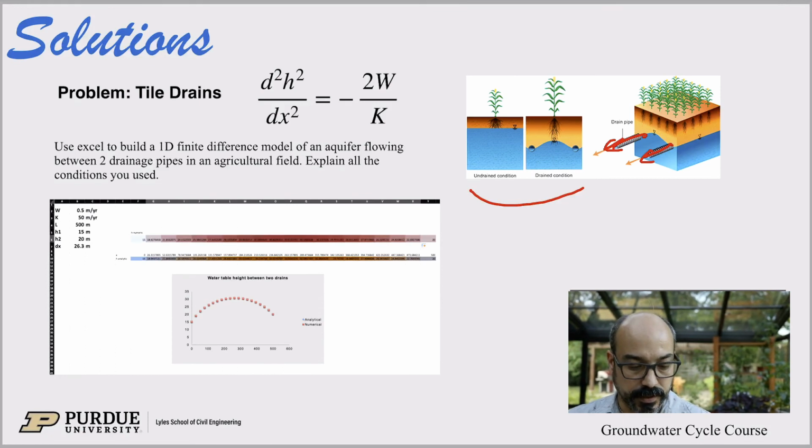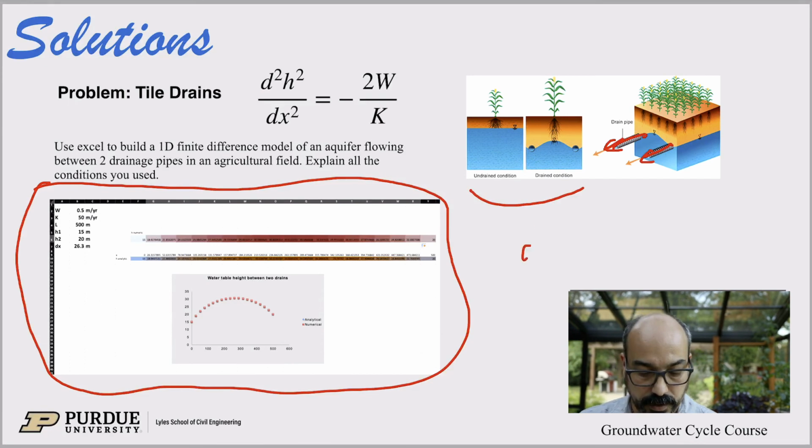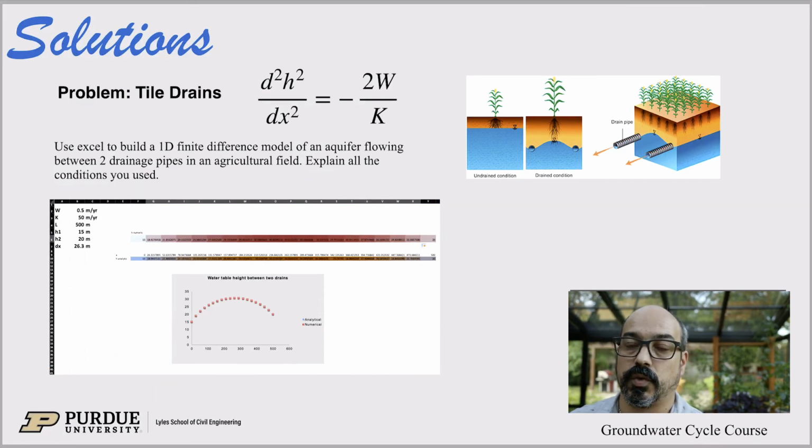And on the left-hand side here is a little model of that, where, following the steps highlighted here, you can write the dH squared. Now this is an unconfined situation, so if you go back to the unconfined lecture with recharge, W is the recharge. This is something we've done before, and we've solved it analytically.